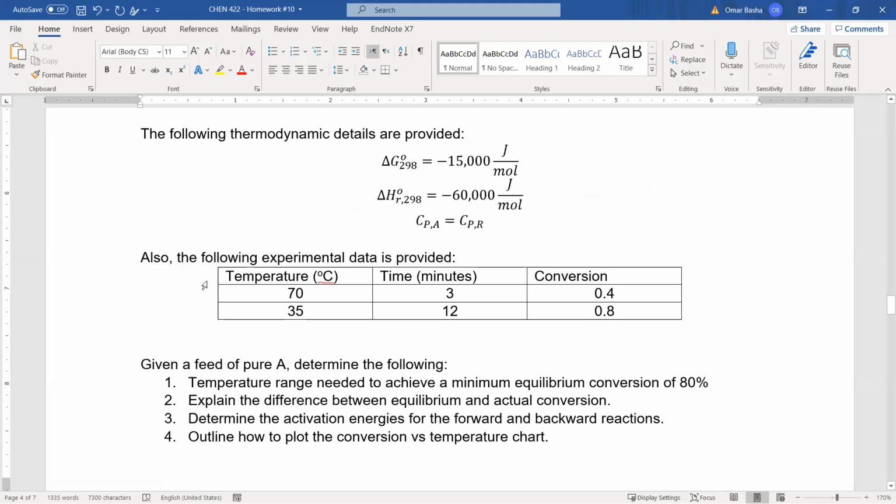Problem 24, this showed up on your exam actually. It's identical to one of the problems on the slides, right?